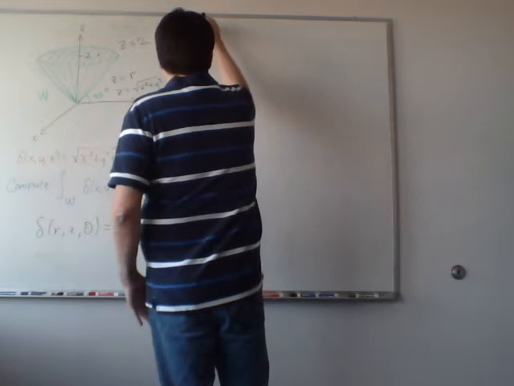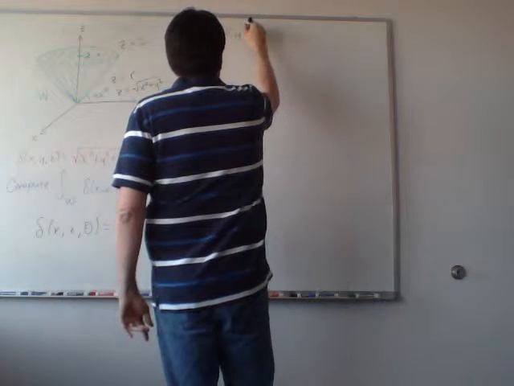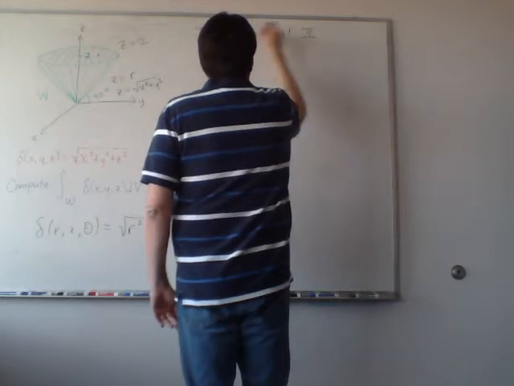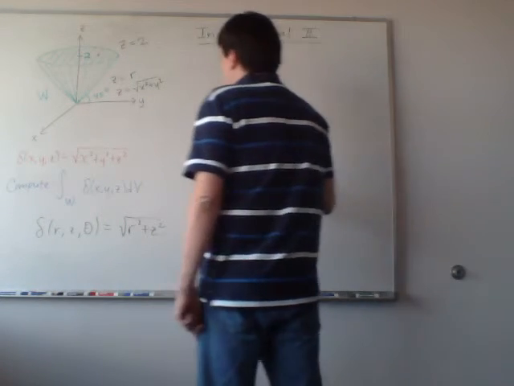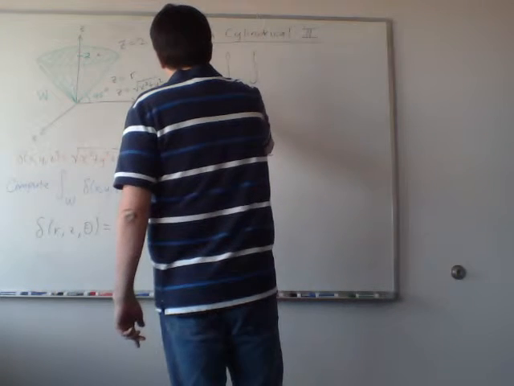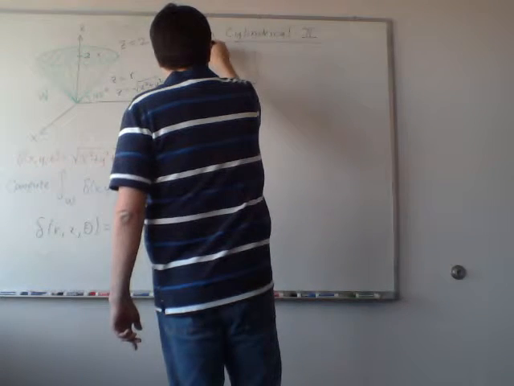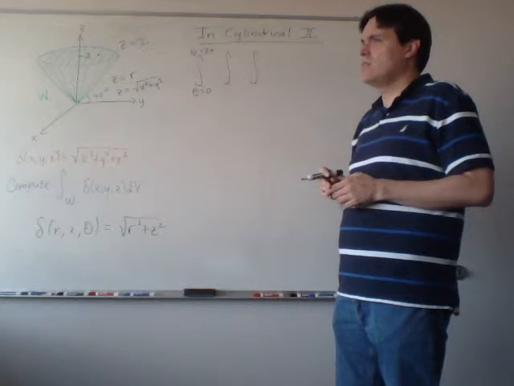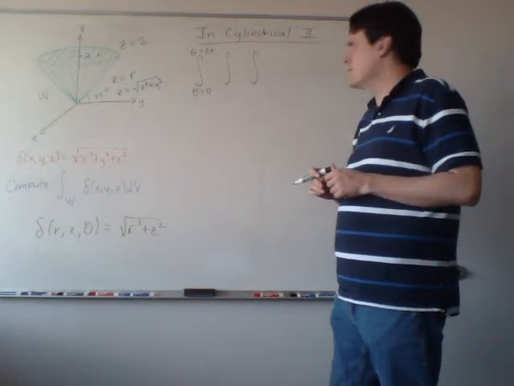So this is in cylindrical coordinates part 2. So again, I'm going to have 3 integrals. I'm going to hope I can still put theta on the outside just because I'm really used to doing things that way. And theta is going from 0 to 2 pi regardless. I don't think that moving that around is going to help anything.